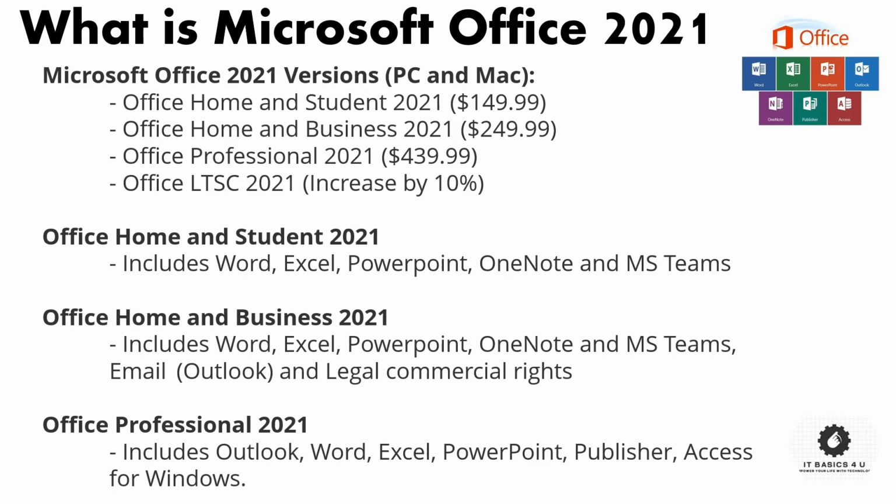Now when we talk about Office 2021, it has a couple of versions. One of those versions is Microsoft Office Home and Student, and then there is another version which is Microsoft Office Home and Business. There is a version for professionals, and there is a version LTSC, which we will see what exactly it is.